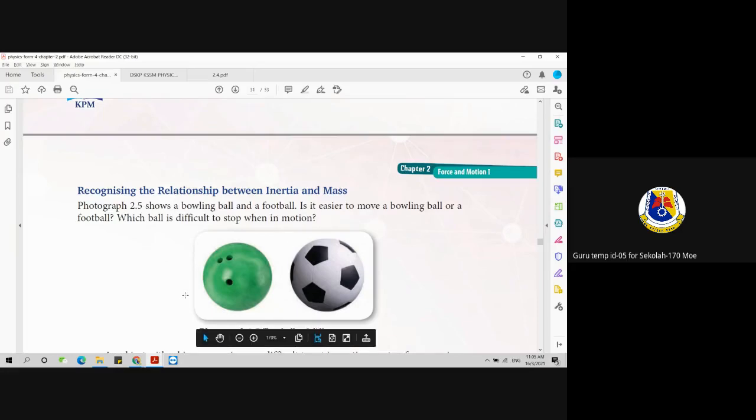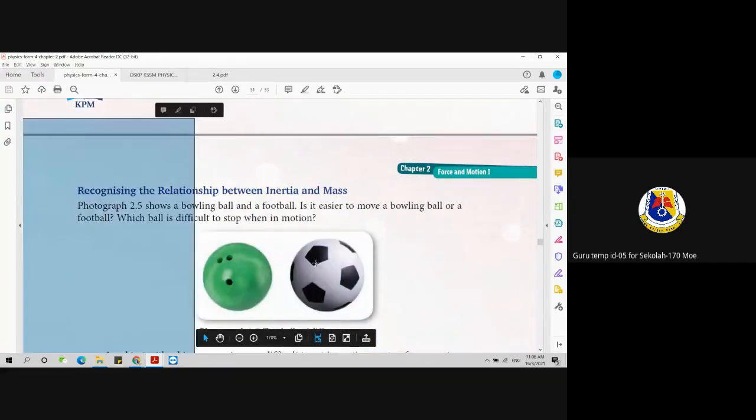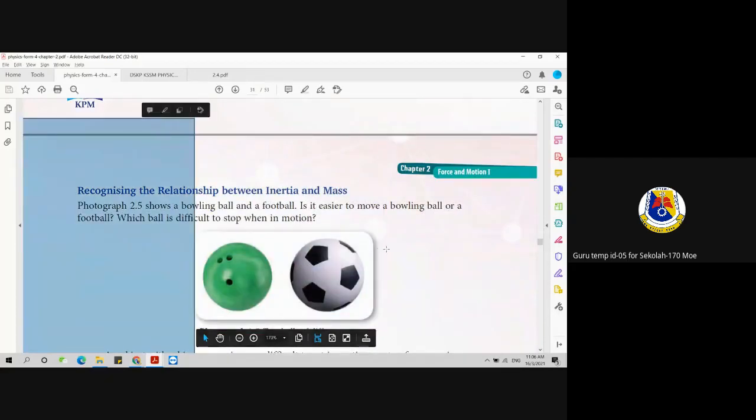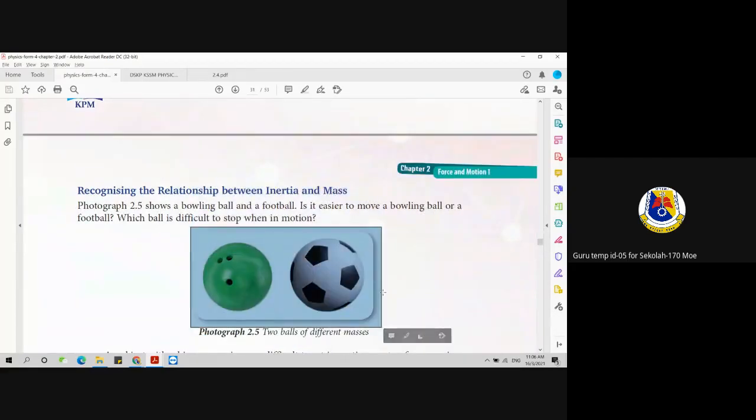And which ball is difficult to stop? If we kick these two balls and they are in motion, which ball is difficult to stop? So from just now, this one has lower inertia, this one higher.